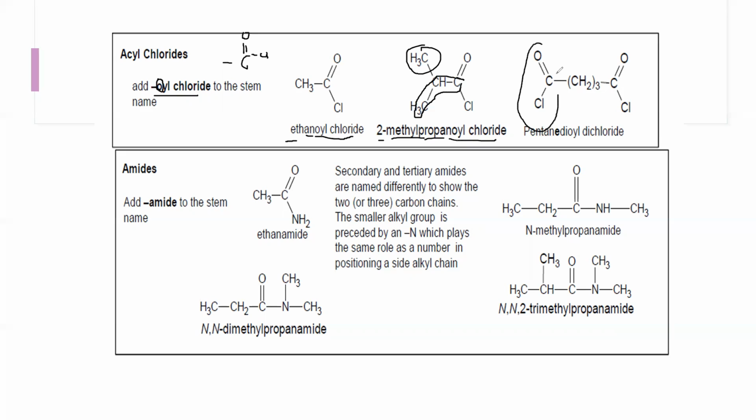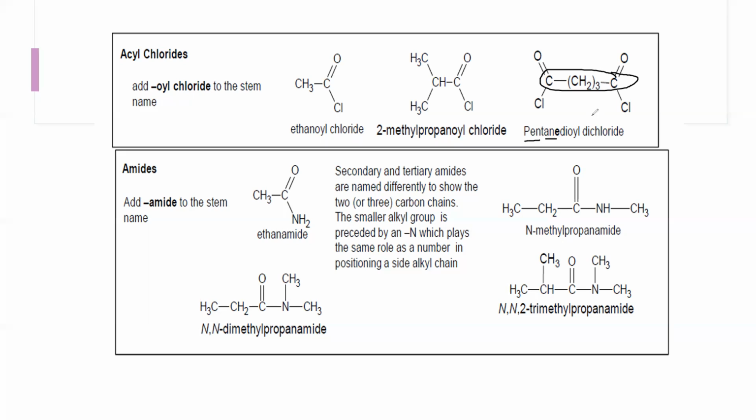Now C double bonded with O and Cl on both sides, and between them 3 carbon atoms are there because CH3 and CH2 in a bracket 3. So you have to include all of them. So pent because of 5. Why pent? Because 1, 2, 3, 4, and then 5. Why ane?